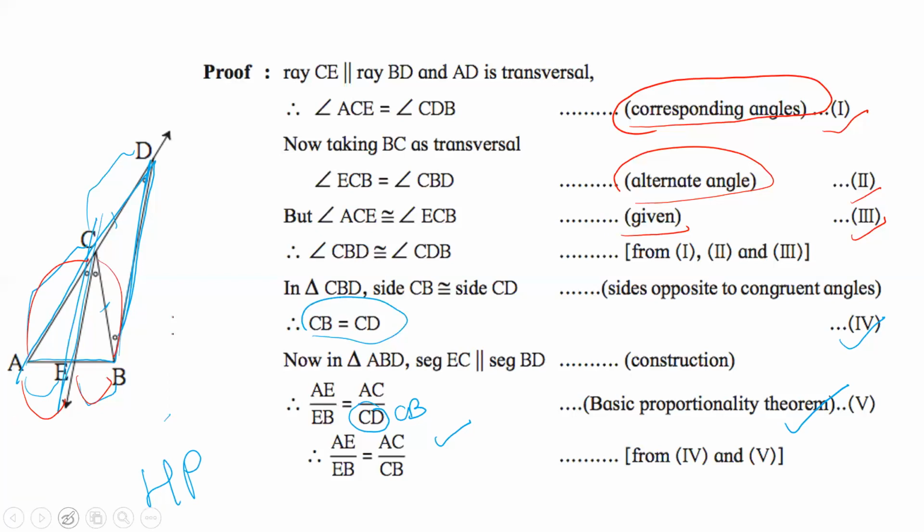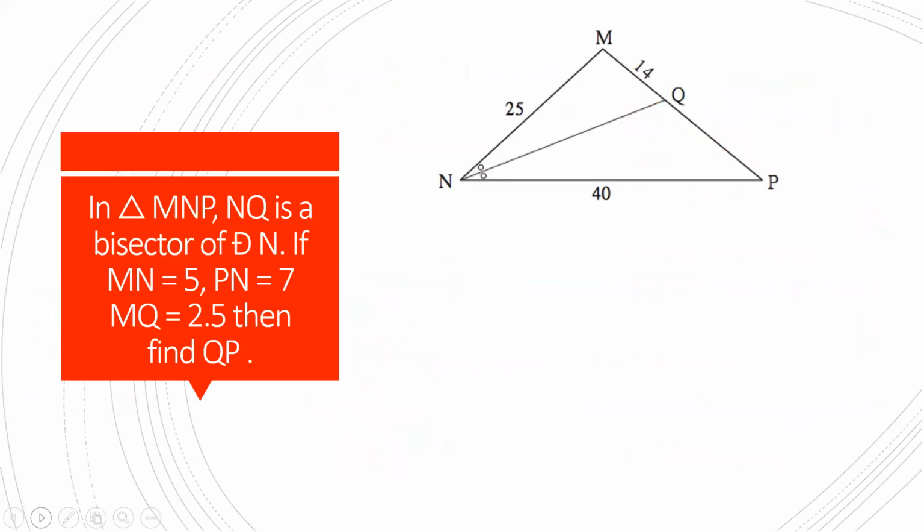Now, in order to understand this a little better, I have taken up a numerical in triangle MNQ, where NQ is the bisector of angle N. We have got MN as 25, PN as 40, MQ as 14, and QP is something that we need to find. I have used slightly different numbers in two different ways.